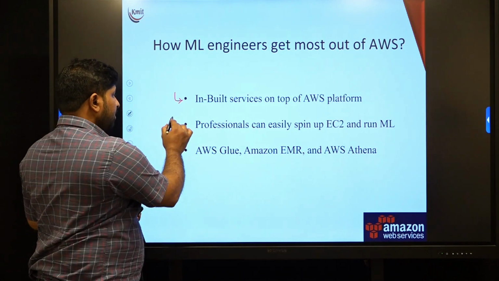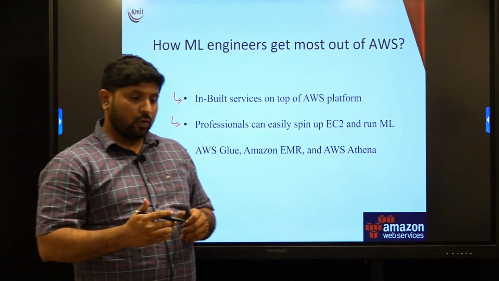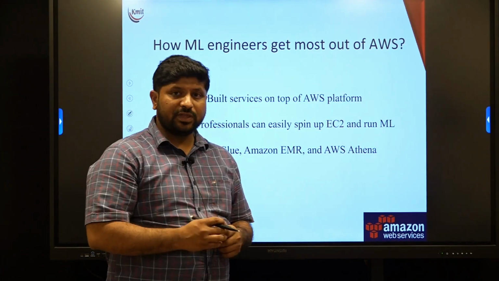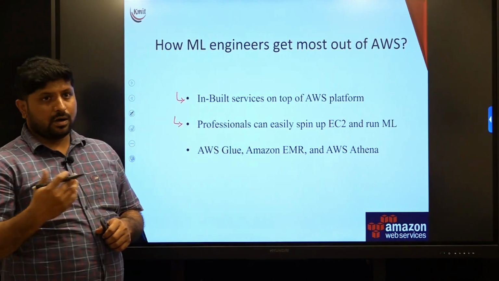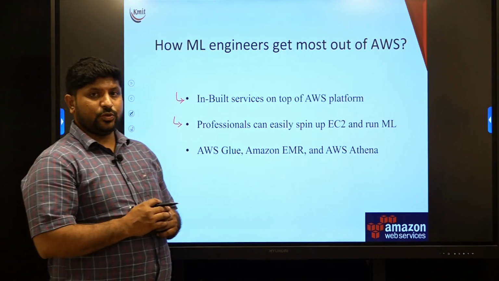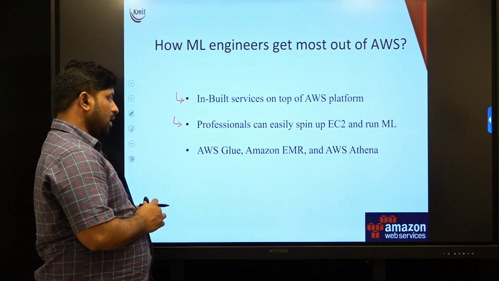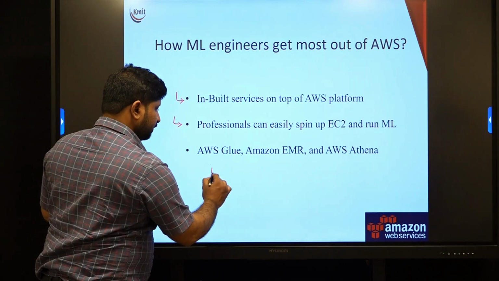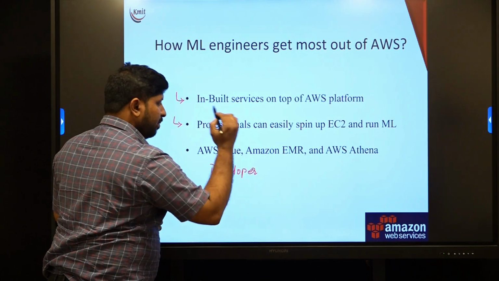At the same time, if you are a professional who knows how to tackle EC2 instances, you can spin up your EC2 instances and configure whatever frameworks or tools you require for machine learning. But what about developers who are pretty new to machine learning?